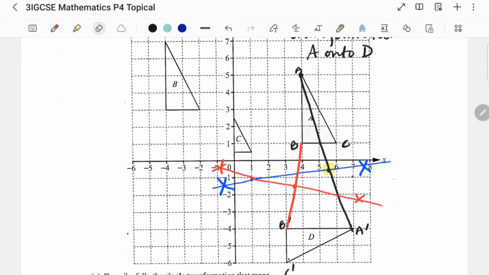So I'm just erasing the corresponding lines which I have made, this one and this one. You can see only the perpendicular bisector lines, this line and this line. They are meeting at one point, which is 1, minus 1. Okay, so 1 and minus 1 is the center of rotation.